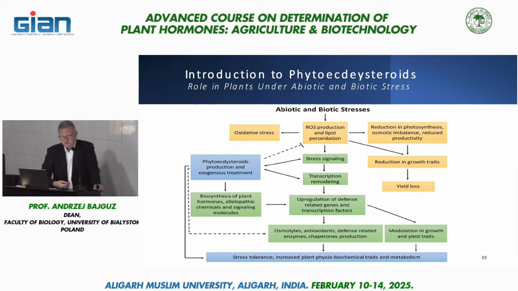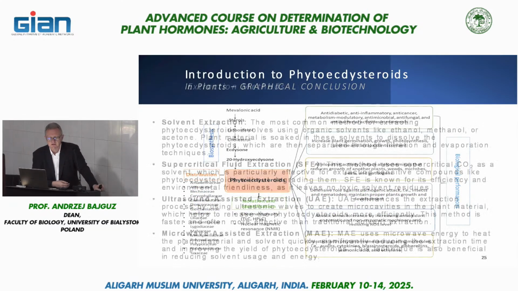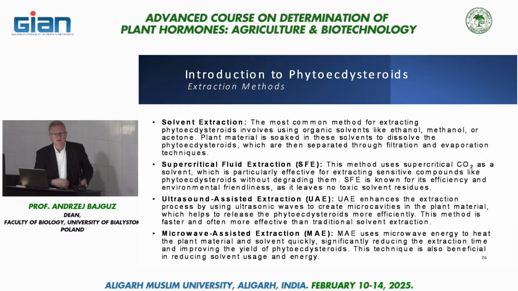I would like to present some of them. This does not mean that the extraction methods shown on the slide are not good, but rather that I would like to highlight the ones we use in my laboratory, as well as the identification techniques we applied, especially since I have already provided more details in the context of phytohormone isolation.